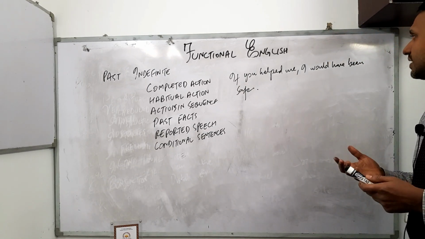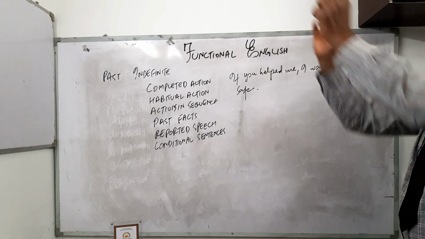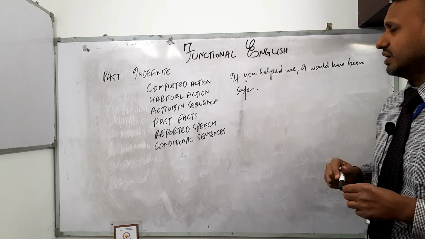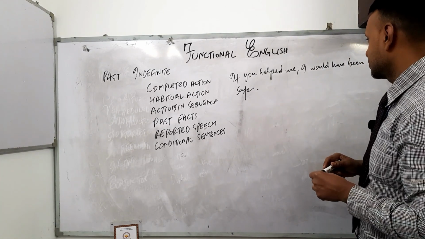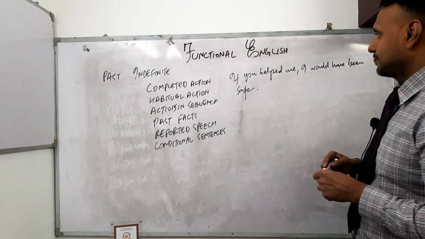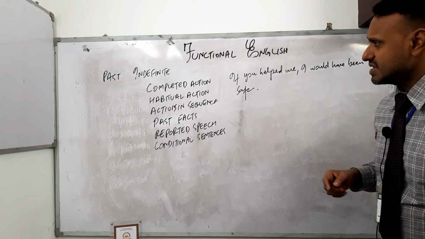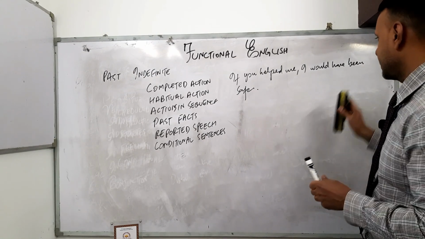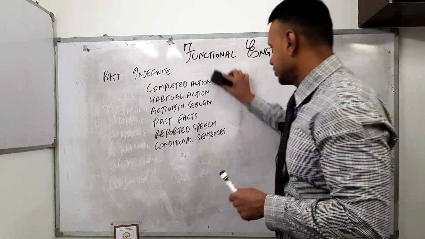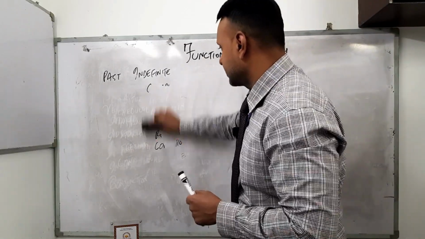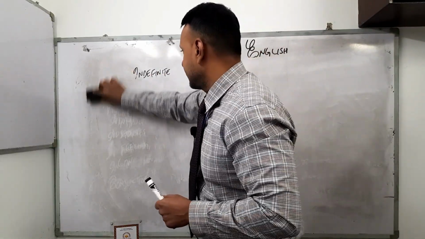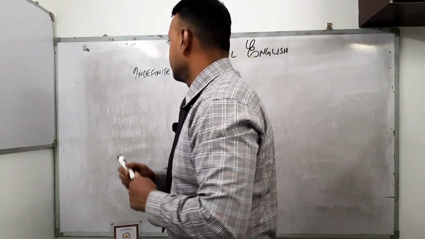If you helped me, I would have been safe. If you had helped me, that is also another way of expressing yourself. So yeah, these are the tenses related to past, and these are conditions related to past rather. So when you're writing the past indefinite, these were the conditions.